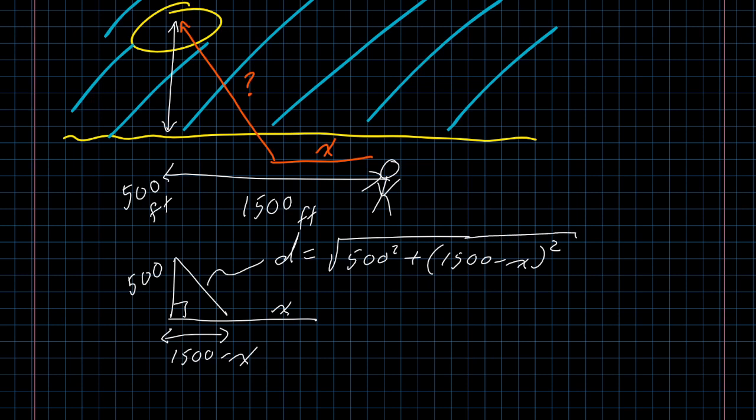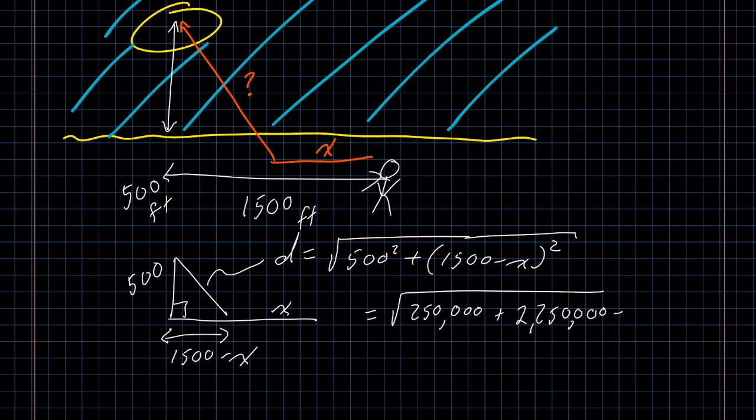All right, we can go through and do a little bit of algebra to clean that up. 500 squared is 250,000. 1,500 squared is 2,250,000.